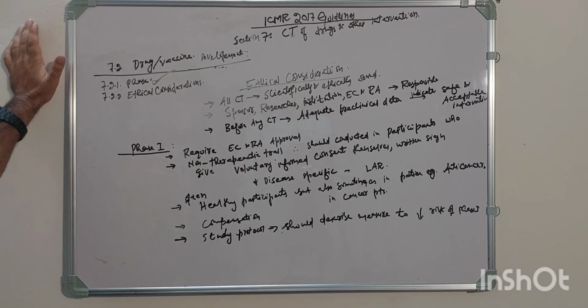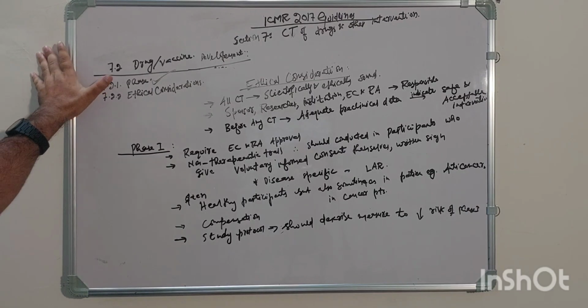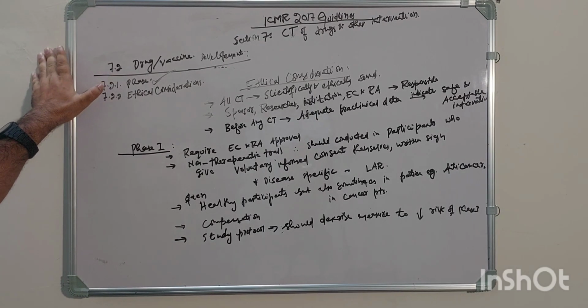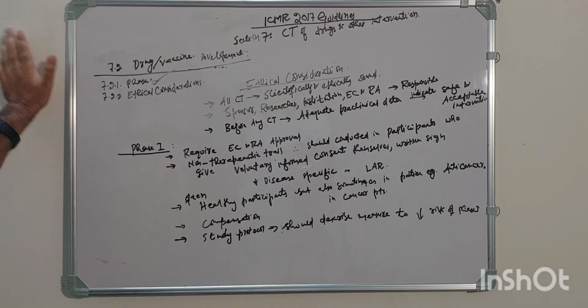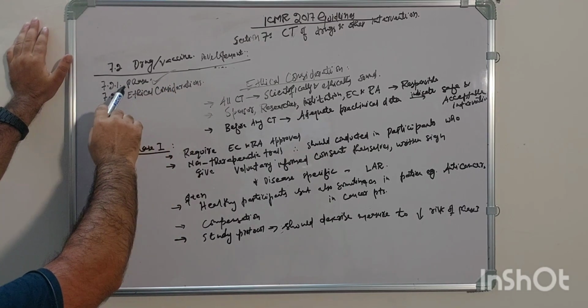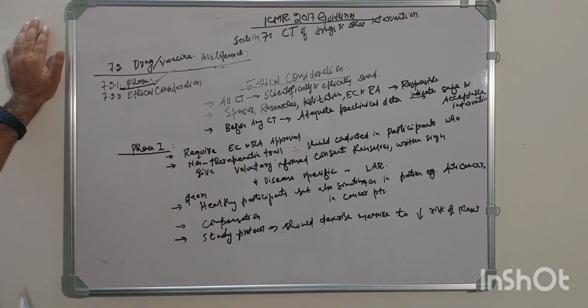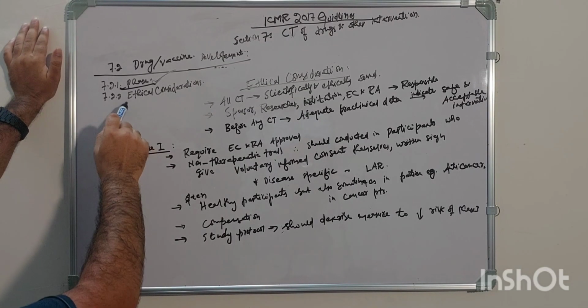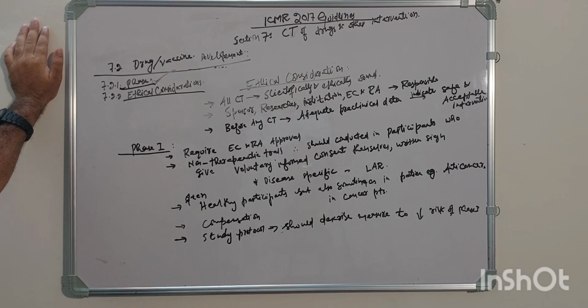And third, they have discussed the phases, the first thing under drug and vaccine development, that's the phases of drug development. And the second thing about phases, they have given the ethical considerations.